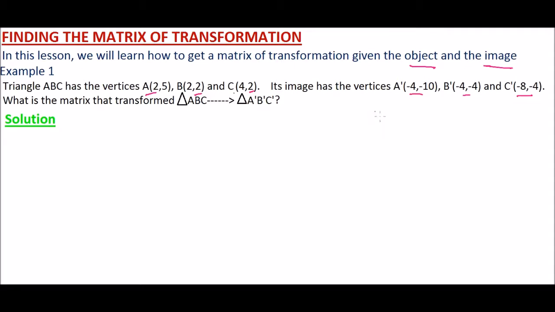So we are supposed to find out the matrix that transformed triangle ABC onto triangle A prime, B prime, and C prime.